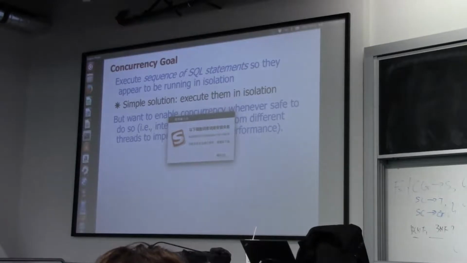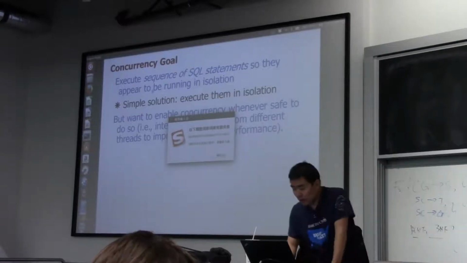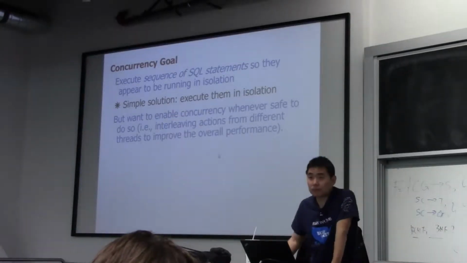But your database efficiency and scalability suffers. Nobody's going to use a database like that. Does that make sense? So the goal is to ensure the execution of multiple statements concurrently, safe and sound, so that they appear to be running in isolation.